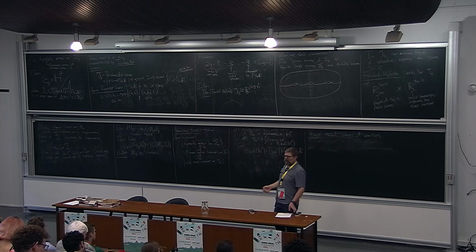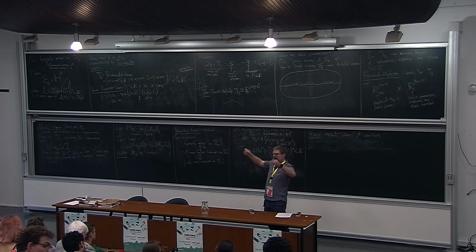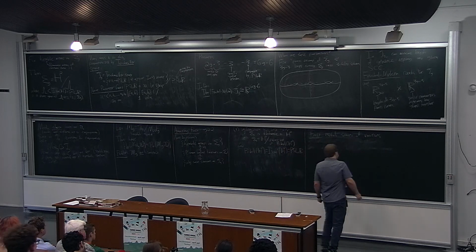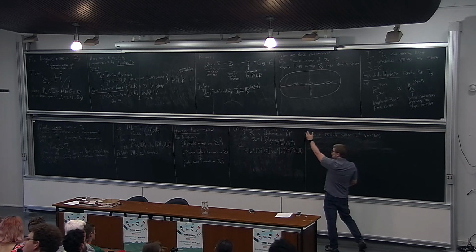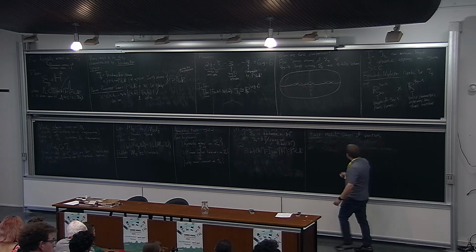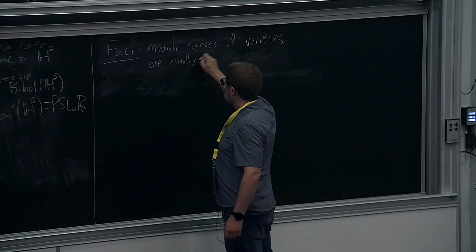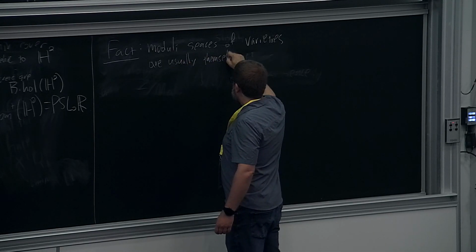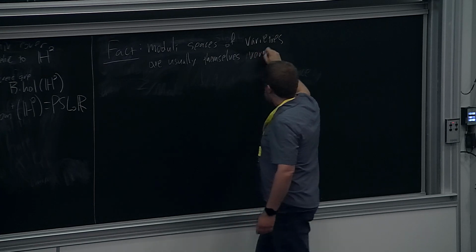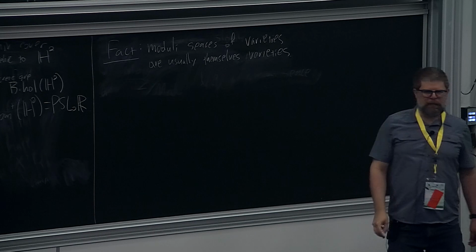If you have a bunch of polynomials vanishing in projective space, you can vary the coefficients, right? So you can deform algebraic varieties. Here we're deforming curves, but you could deform any sort of algebraic variety. Their spaces of parameters are usually themselves varieties. That's a fact that's been borne out by experience.